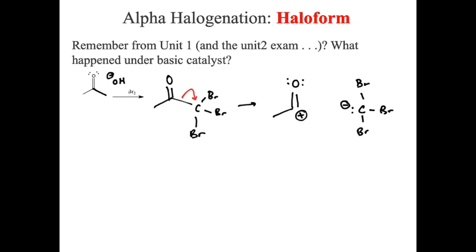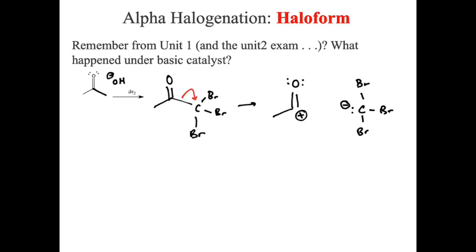Why does it not just leave? It leaves as a negative carbon. Is a negative carbon particularly stable? No. But we've had negative hydroxides that left. Yeah, this is carbon, 3 electronegative elements.